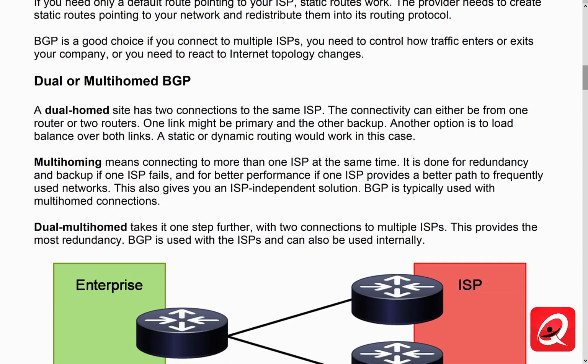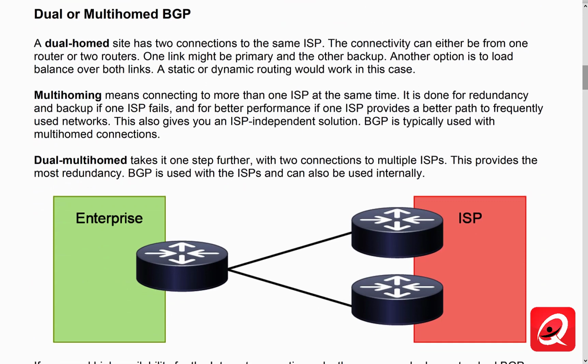In a dual homed scenario, we have essentially two connections to the same ISP. Now that could be from a single router, which is depicted in this diagram, or it could be from two routers within our enterprise. It will change, by the way, what attributes we use to leave our autonomous system though.